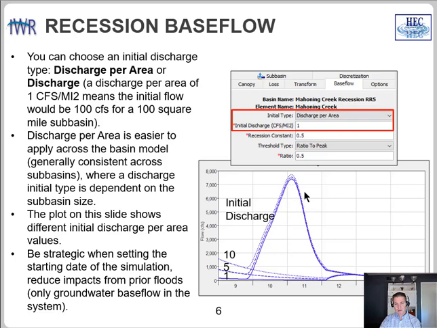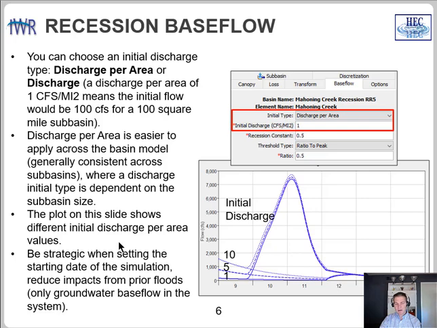So you want to make sure that you're using some kind of observed flow to help you set that initial discharge. And then what I like to do is be strategic when I begin the simulation. I usually try not to begin a simulation right after an antecedent storm event, because in that case you're going to have some of that interflow from the antecedent event impacting the flow for the event you're trying to model.